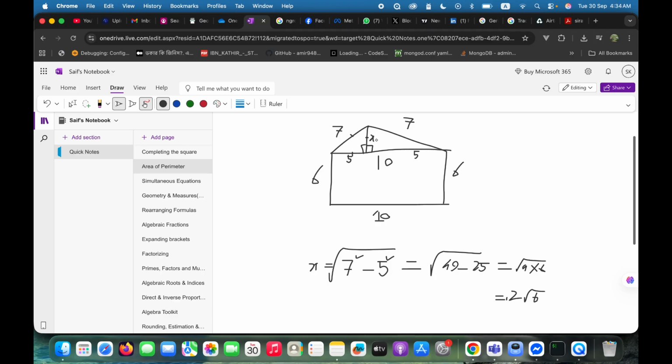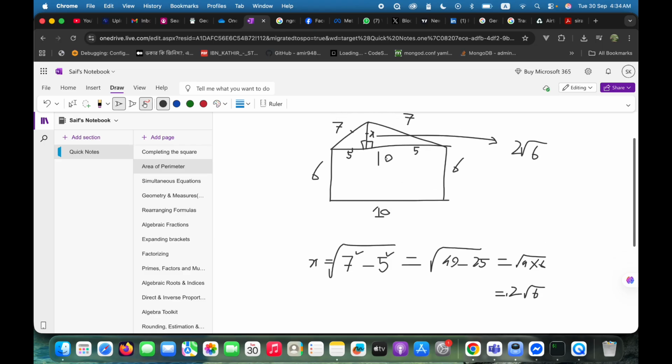So the value of x is 2 root 6, and then I can find the area of this part.